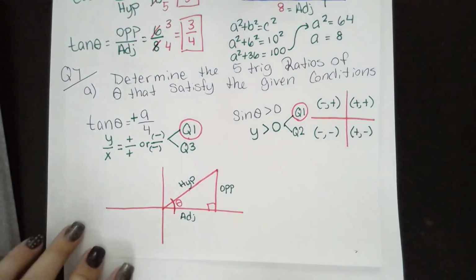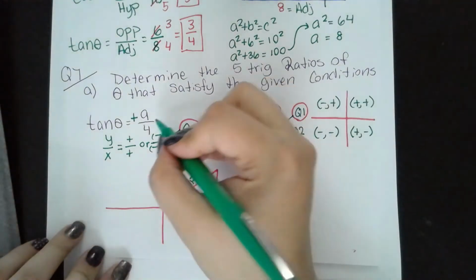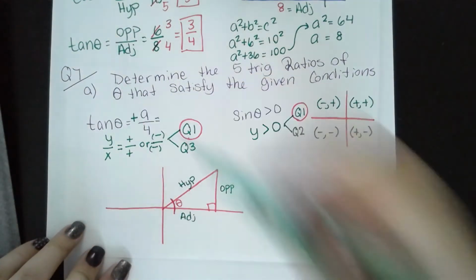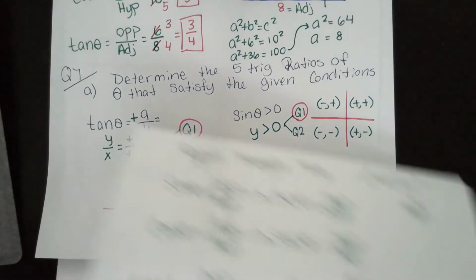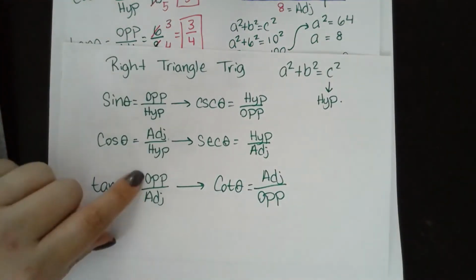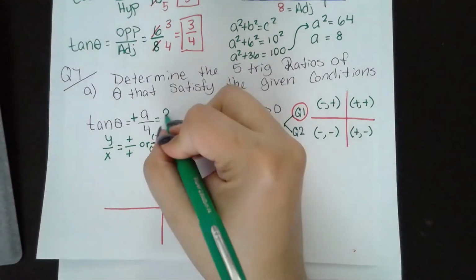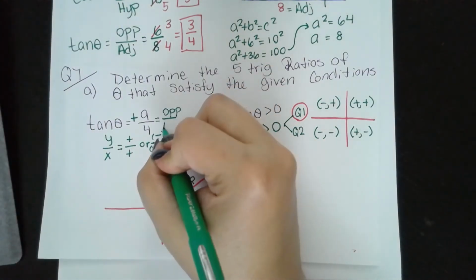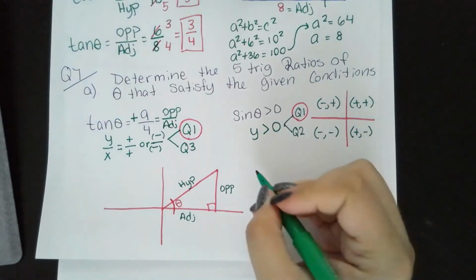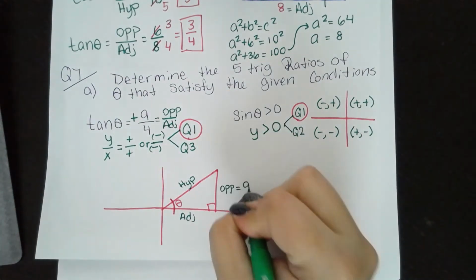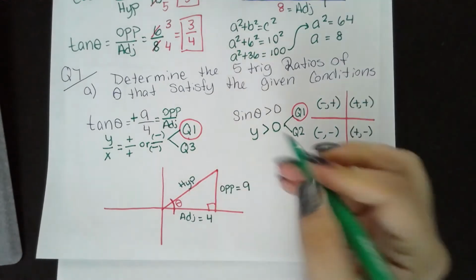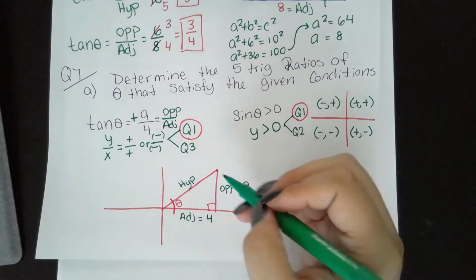Now we just need to fill in values, but they already gave you values. So as a reminder, if we refer back to our formula sheet, tangent of theta is opposite over adjacent. So the opposite side is 9. The adjacent side is 4. Now we need to determine the hypotenuse.